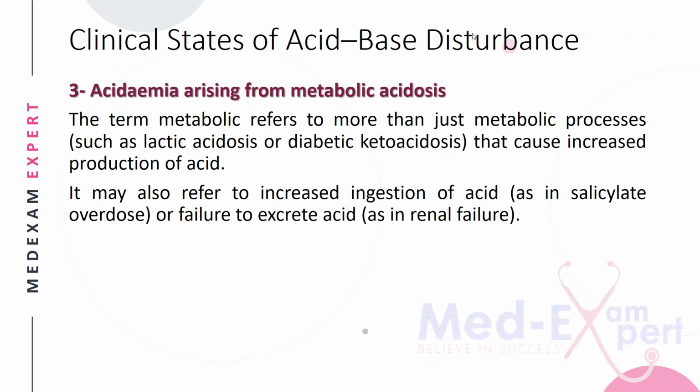So in metabolic acidosis, I have one of 3 options. The first one is a metabolic process which leads to building up of the acid, or failure to excrete this acid in renal failure, or to ingest acid from outside, like in cases of salicylate overdose or salicylate toxicity.